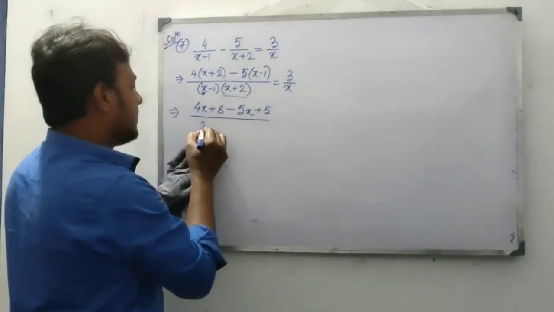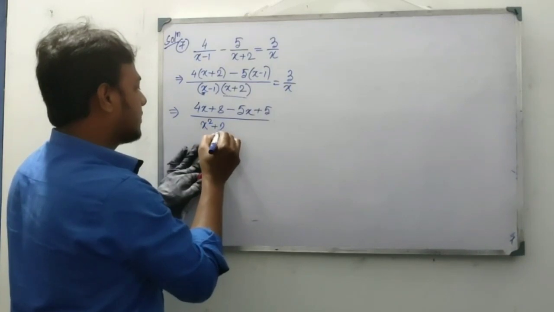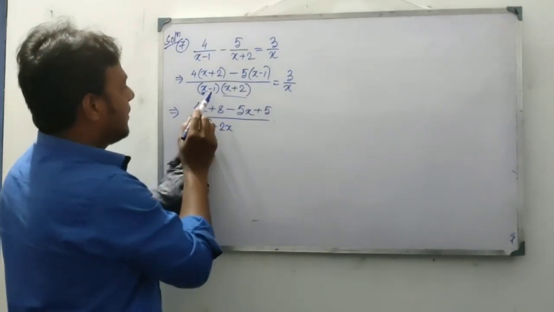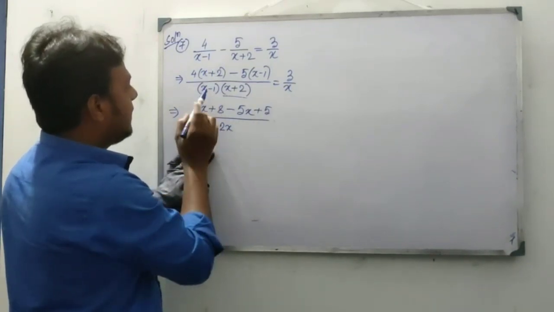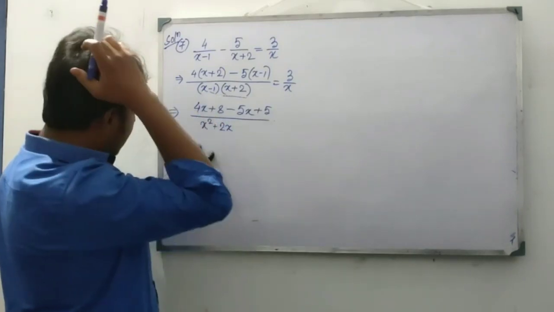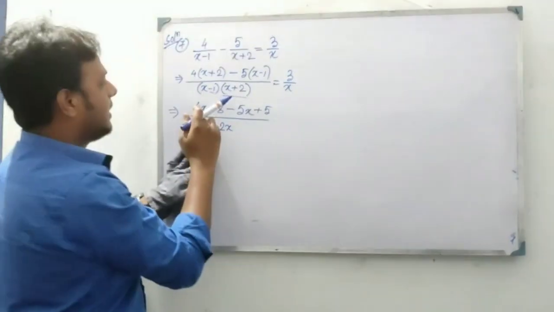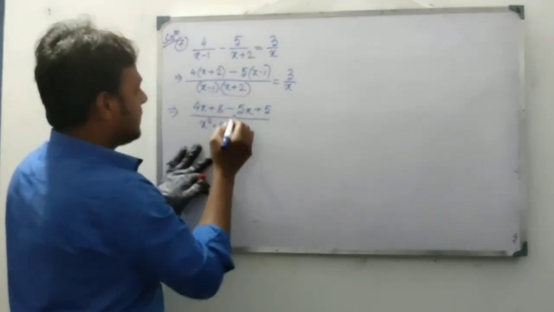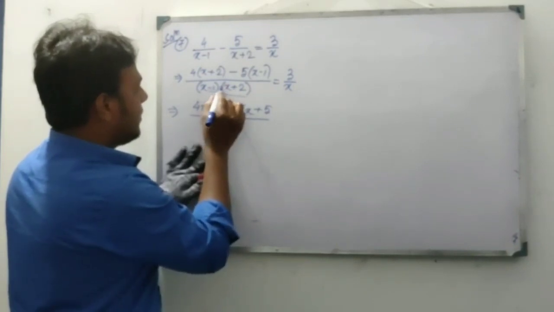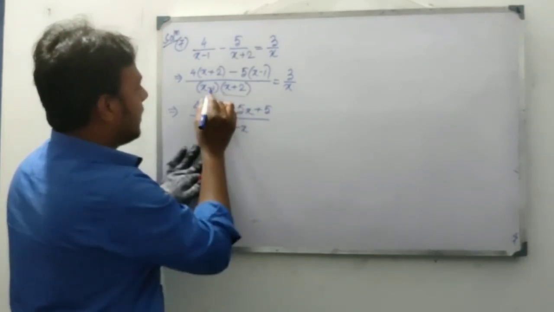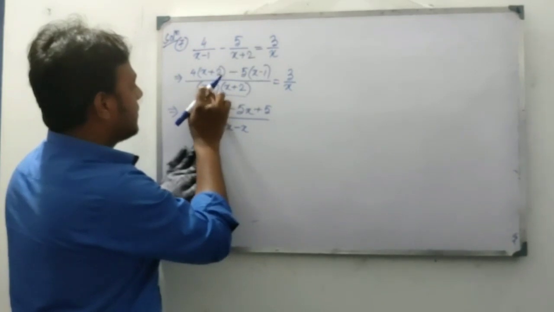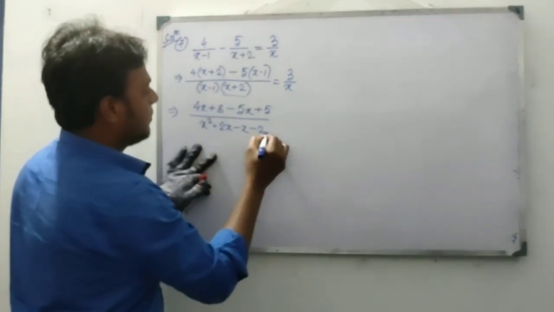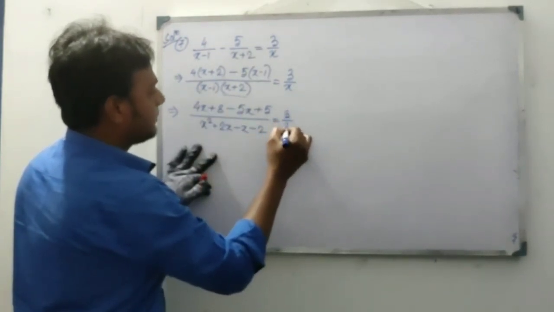So it will be x square plus 2x. Next, consider this minus 1, okay, and multiply with this second factor. So it will be minus, if we multiply the minus 1, the minus 1 into x means minus x, and minus 1 into 2 means minus 2 equals to 3 by x.